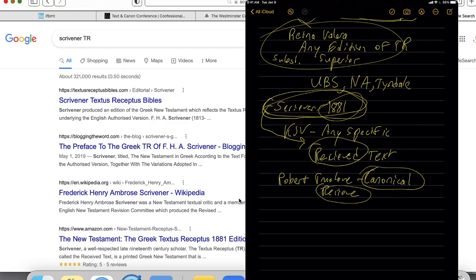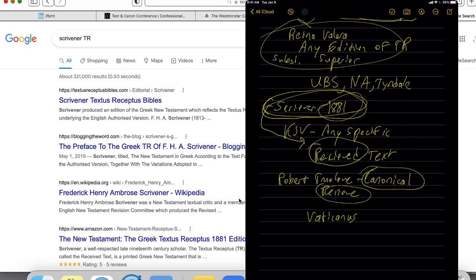He would call it the Canonical Approach, and it's really interesting because, like Vaticanus, if you're familiar at all with this debate on New Testament textual criticism, Vaticanus people, a lot of people like Westcott and Hort, viewed Vaticanus as an old manuscript of the New Testament.